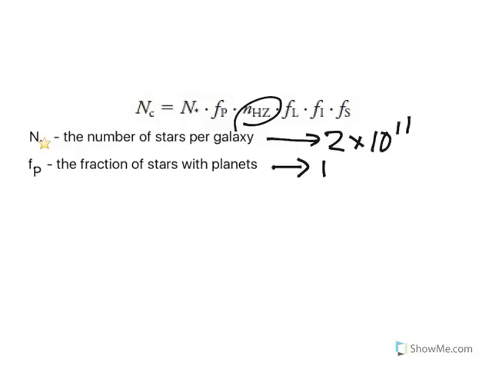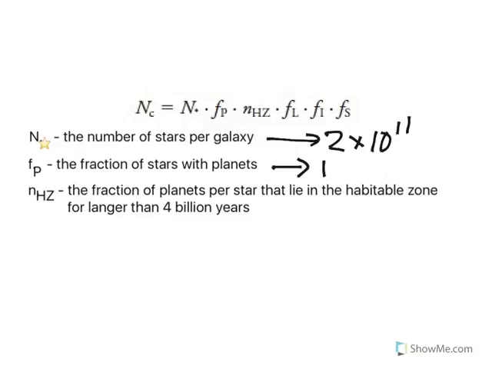Now let's look at N sub Hz. N sub Hz is the fraction of planets per star that lie in the habitable zone for longer than 4 billion years.